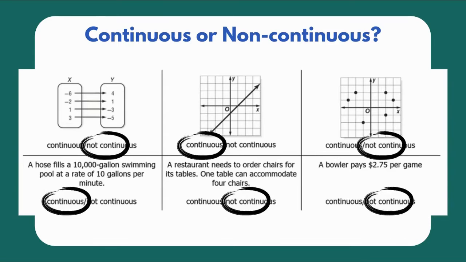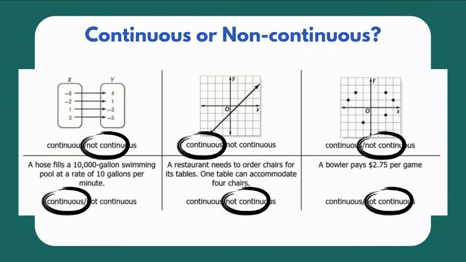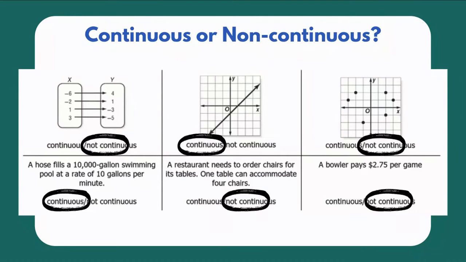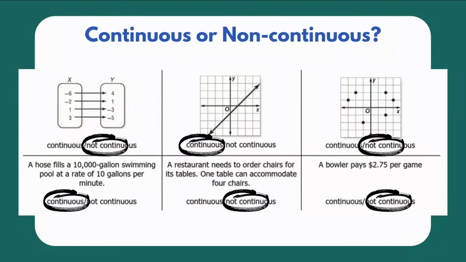This gives us essentially some ordered pairs, and we've just represented those ordered pairs as a mapping diagram. So this is not a continuous function. It would look like a graph, something kind of like example A from before. Example 2 is a continuous function because it is an unbroken line. Example 3 is not continuous because it is not an unbroken line or curve.